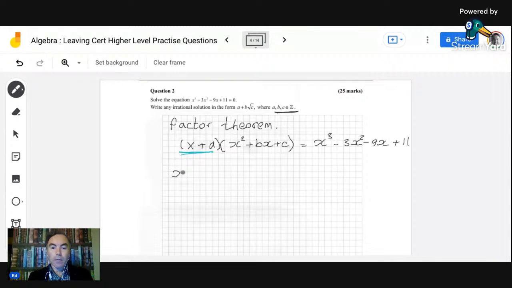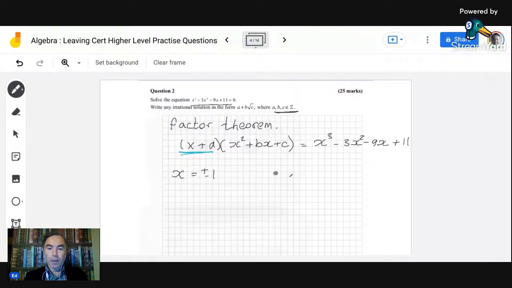Okay, so if we start off with x is equal to plus or minus 1, and then keep going until we get a solution. So let's do plus 1. Let's substitute in here 1 across the line.